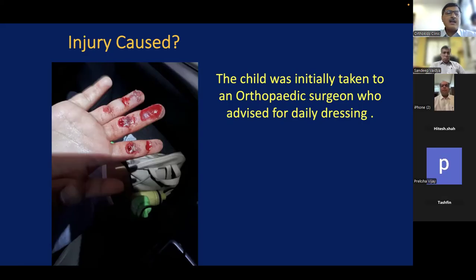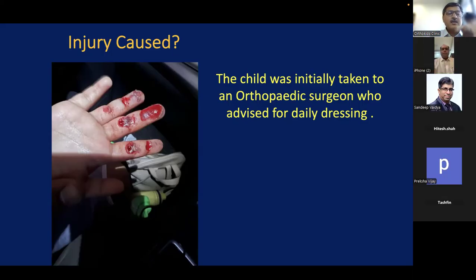So I was not suspecting anything deeper. But as you rightly said, there was dirt and greasy material, so we thought we should debride it under anesthesia, do a good lavage, and then suture it after removing the dead tissue if there is any. Correct. So yeah, Preksha, please go ahead.